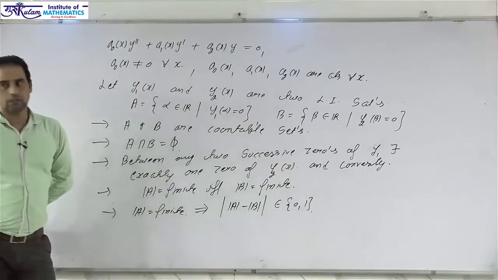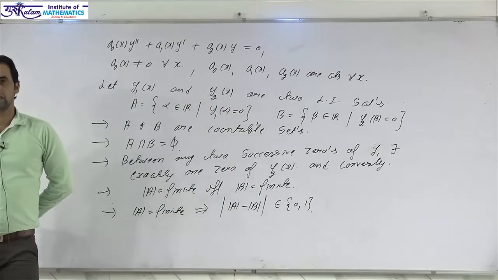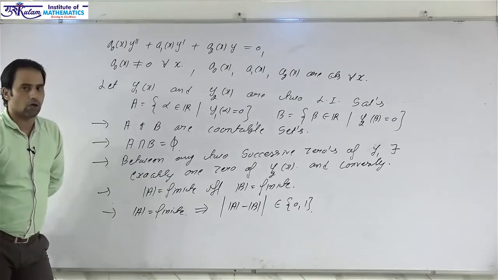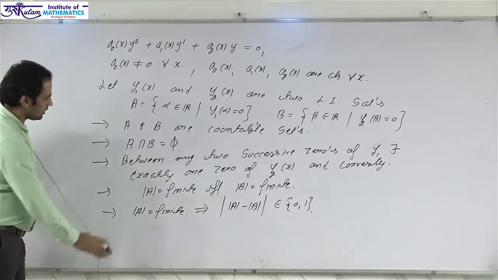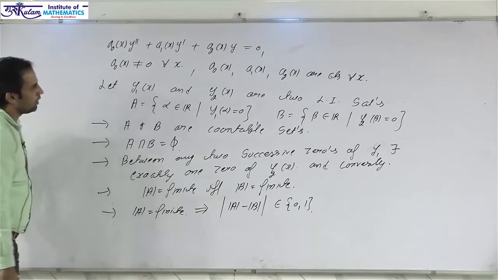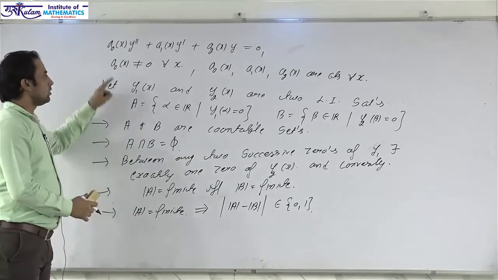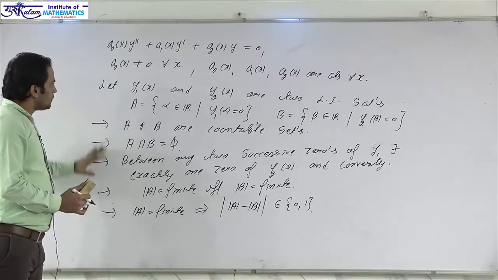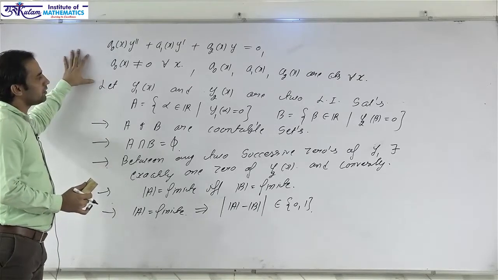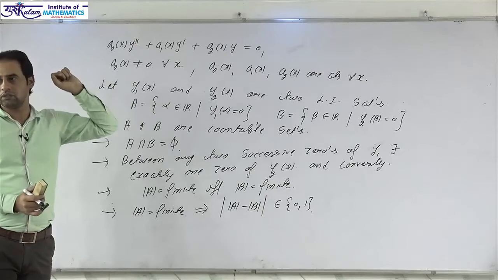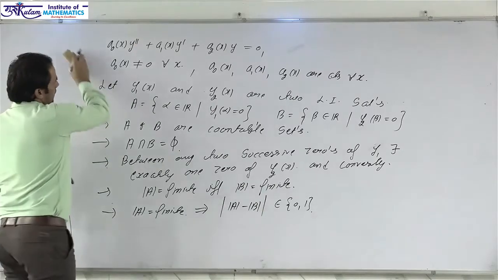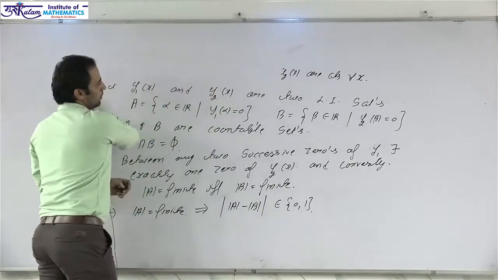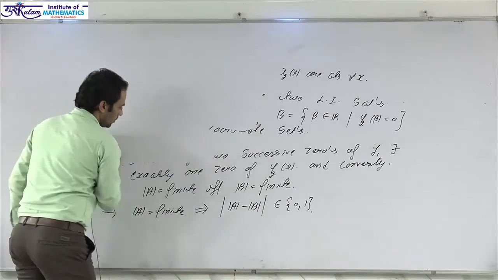That is, the modulus of the difference between the cardinality of A and the cardinality of B is either 0 or 1. So, this is the next property for zeros of these non-trivial solutions. So, these are 5 main properties for any two linearly independent solutions of this second order differential equation. Further, we will discuss some of the properties of the self-adjoint boundary value problem.